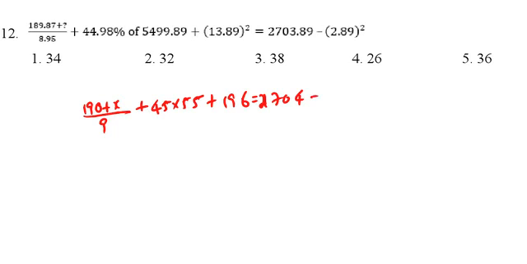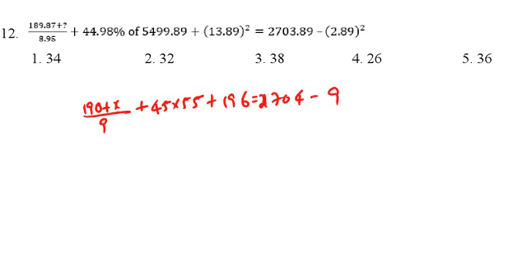See the next question. Root of 189.87, that can be taken as 190 plus x by 9 plus 45% of 5500. That means we can take 45 into 55 plus 14 square can be taken as 196 is equal to 2704 minus 3 square, that is 9.